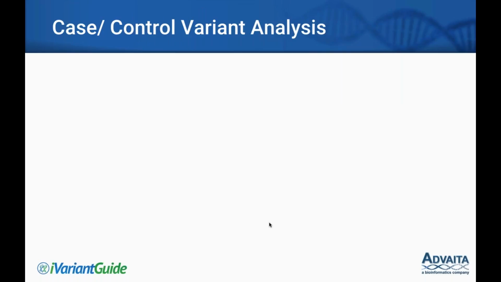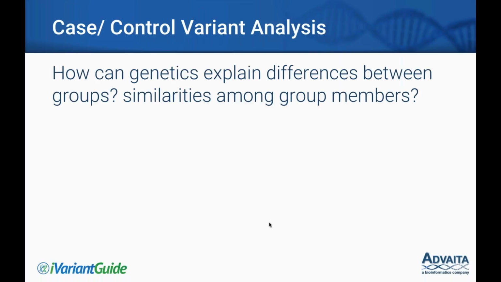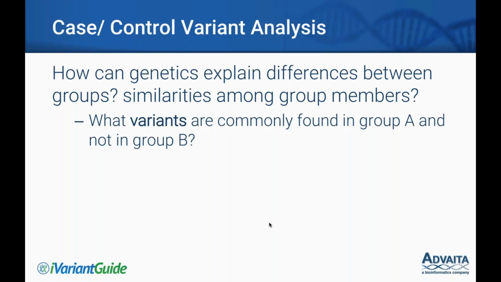So let's talk a little bit about case versus control variant analysis and what you can actually get from it. The bottom line question really is, how can genetics explain differences between groups? Or, on the other hand, how can we use genetic data to explain similarities among members of a single group? And what I mean by this is several things.